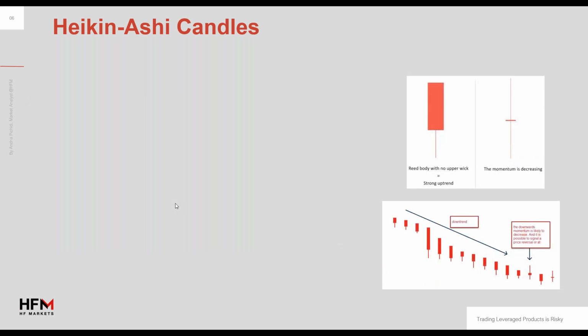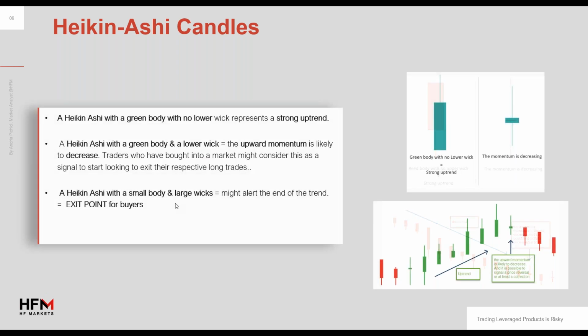But the most reliable shape is when you have a small body and large wicks. Can you see it? No, you can't. Let me put the laser over here.